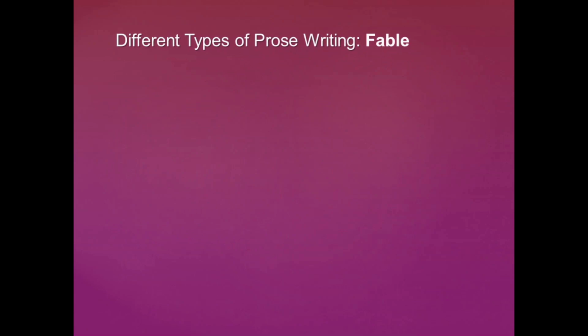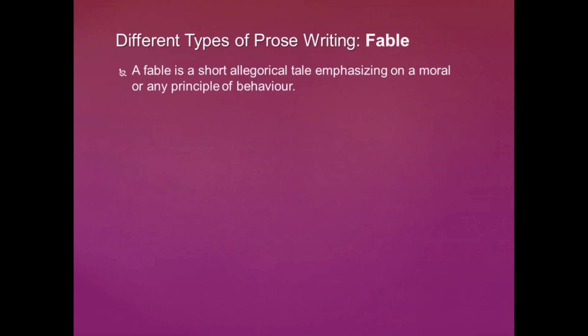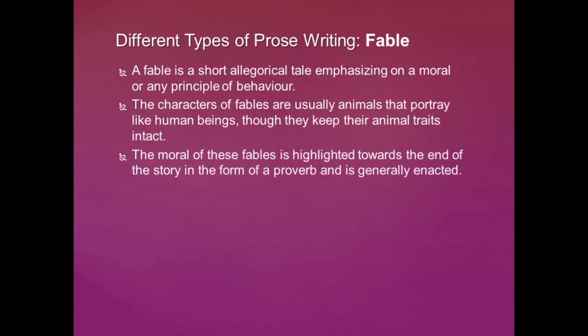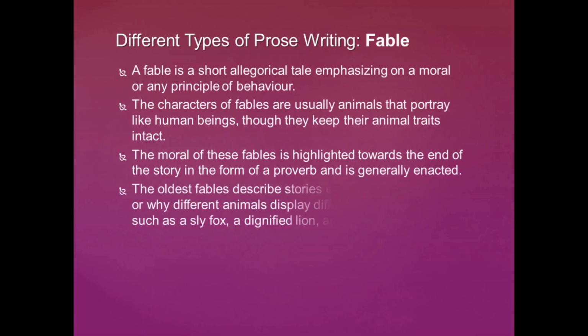Fable is the next type of prose writing. A fable is a short allegorical tale emphasizing a moral or any principle of behavior. The characters of fables are usually animals that behave like human beings, though they keep their animal traits intact. The moral of these fables is very important and is highlighted towards the end of the story, in the form of a proverb or maybe is generally enacted.